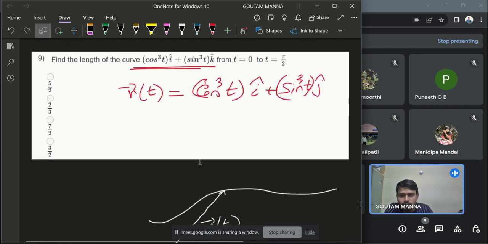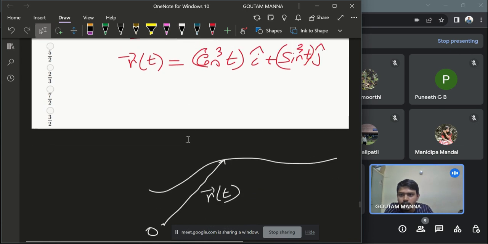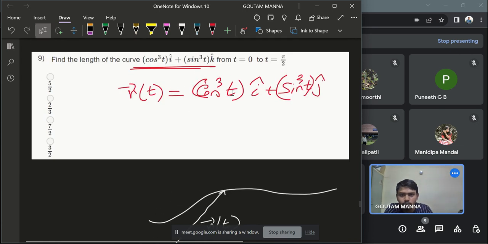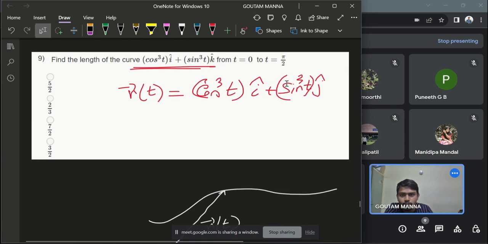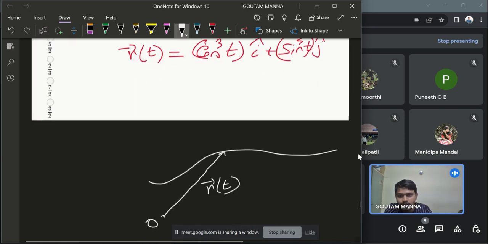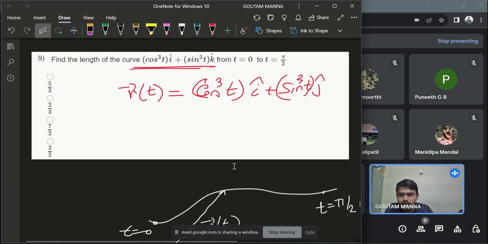Now if we change t, then we will move along this curve, and we have to find out the length of this curve from t equals 0 to t equals pi by 2. Let's say at this point t equals 0, and at this point t equals pi by 2. And we have to find out the length.